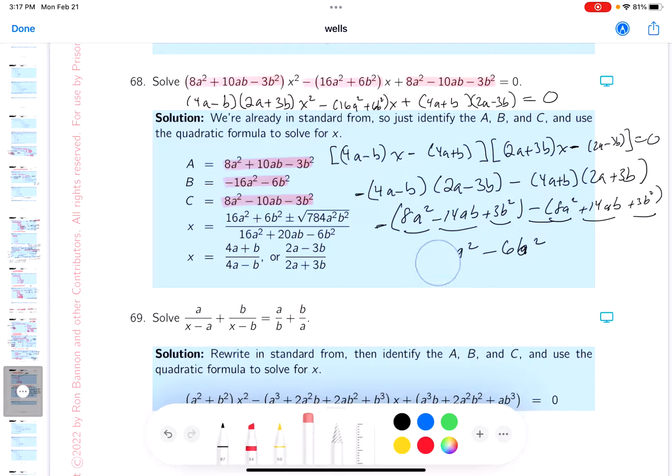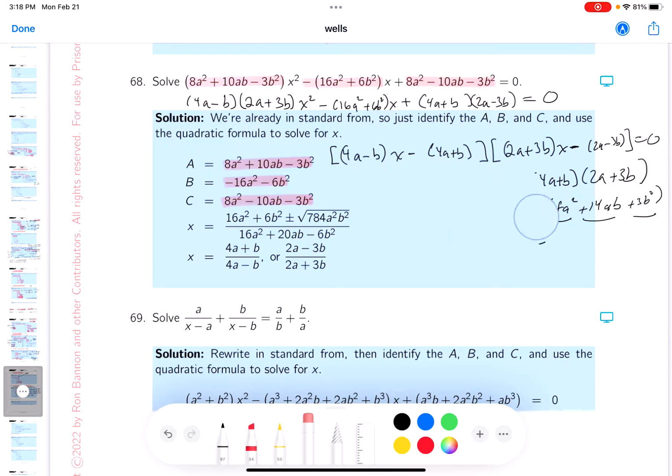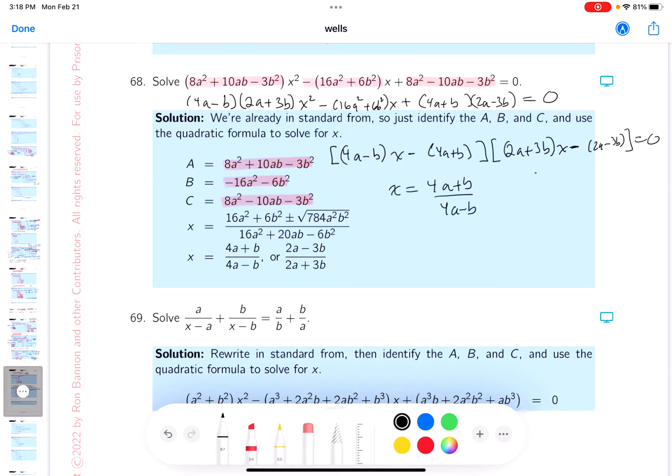And again, I realize something to look at and saying, if you just did the quadratic formula, you would have been done well before all that work you just did. And that's true. And I got confused. I had to do it again. Ah, I got the answer now. What's the answer going to be? Let's write this down. X equals 4A plus B over 4A minus B, or x will equal 2A minus 3B over 2A plus 3B.